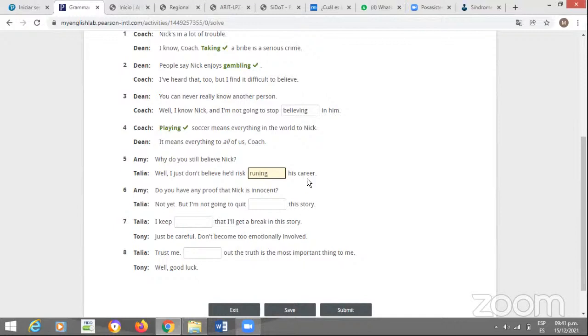It's the same as believe without the last E, and only ing. So it is okay. And ruining is missing one I. Ruin, then ing. Yes, that is correct.